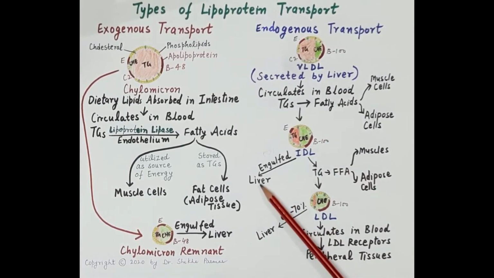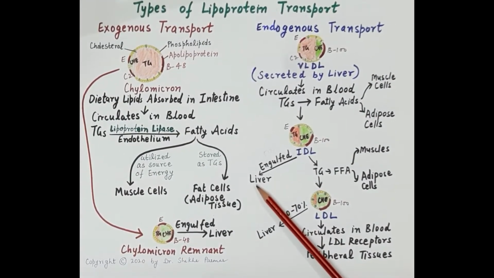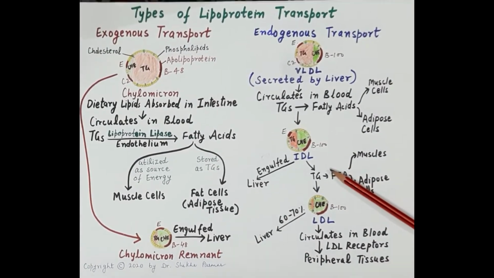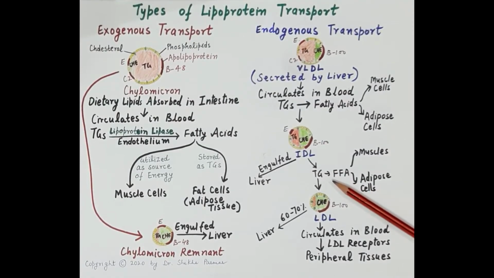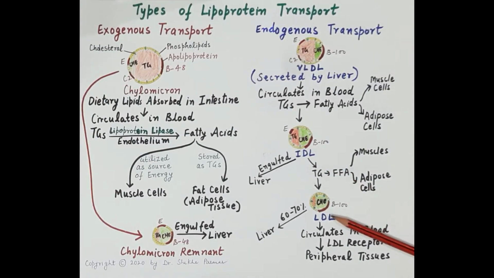About half of the IDL are engulfed by the liver, while the other 50% circulate in the blood. Again, endothelium bound lipoprotein lipase hydrolyzes triglycerides stored in the IDL and converts them into fatty acids, and now these IDL become LDL. There is a further reduction in the levels of triglycerides.